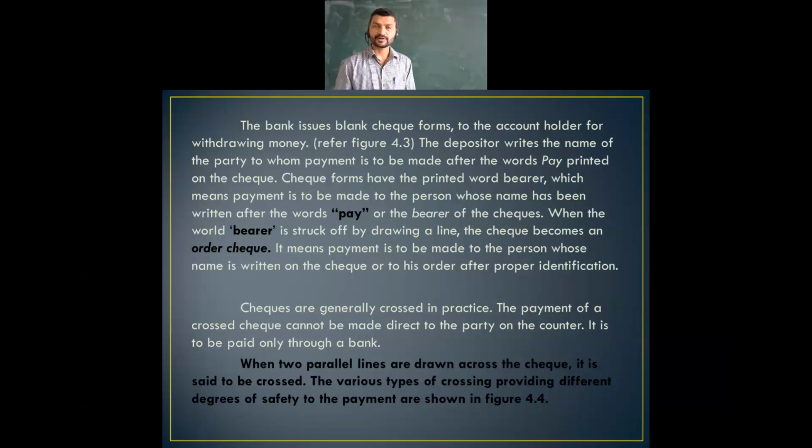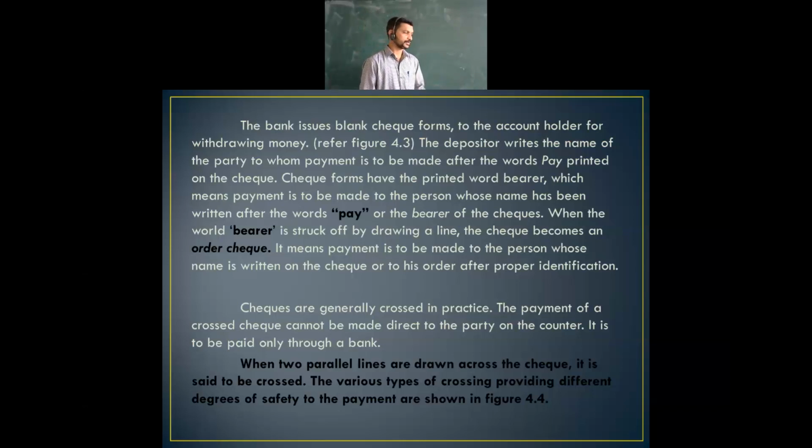The identification will be done. They may ask you for any of the proofs, or on their trust, they may directly pay you the amount. Many times they will go for cross verification, where you show them the proof that you are the person. That is exactly what it means.